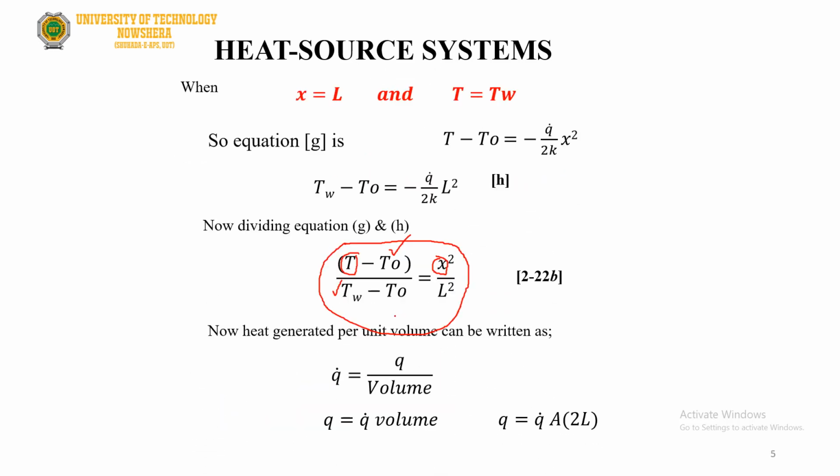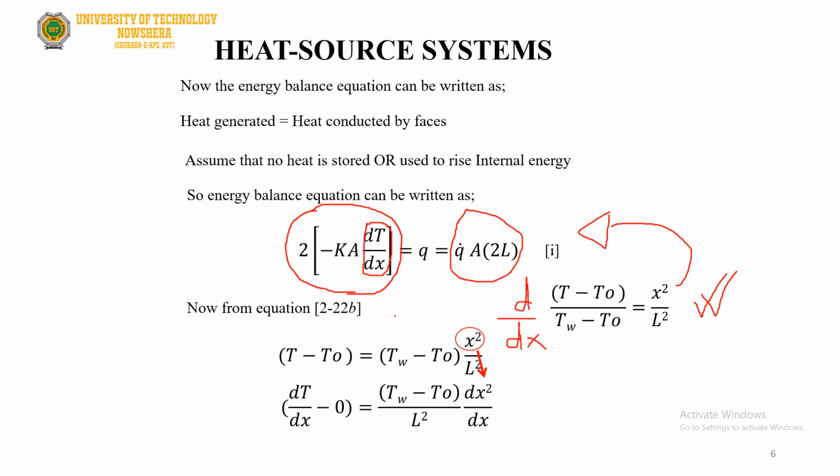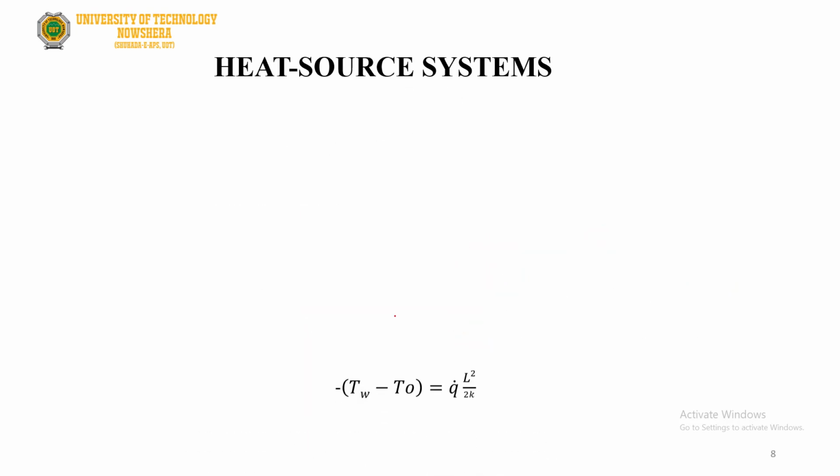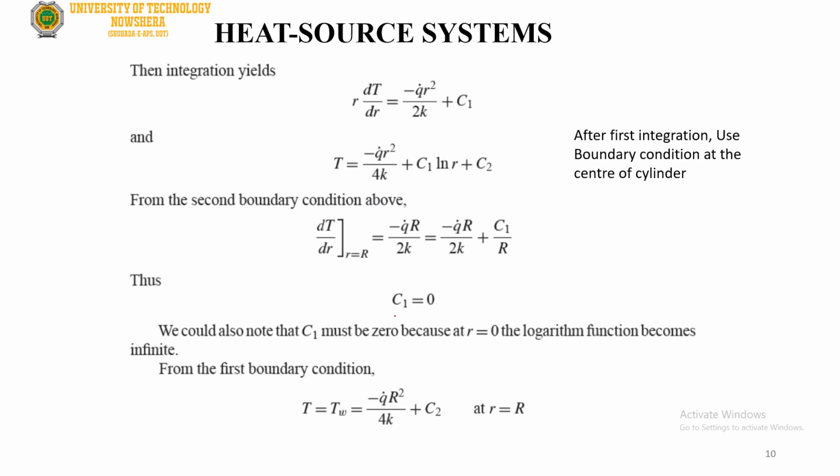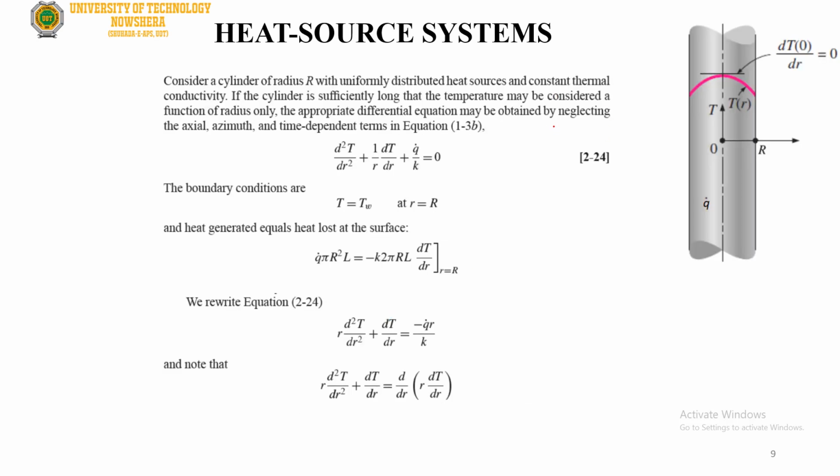Now what if our geometry changes to a cylinder? For example, there is an electric wire in which current is passing. So heat is generating at the center of the wire.